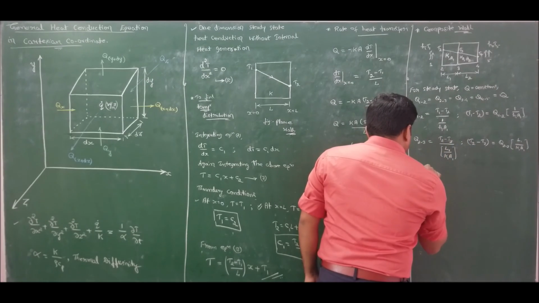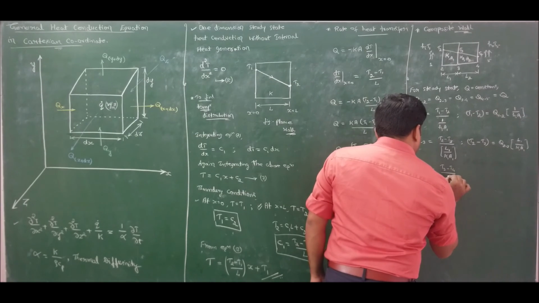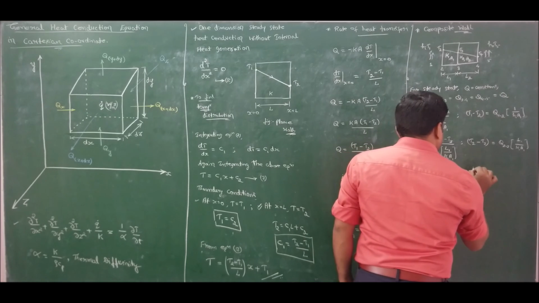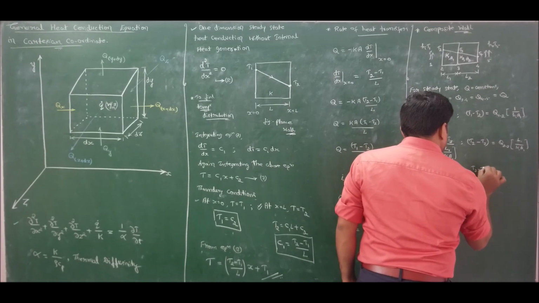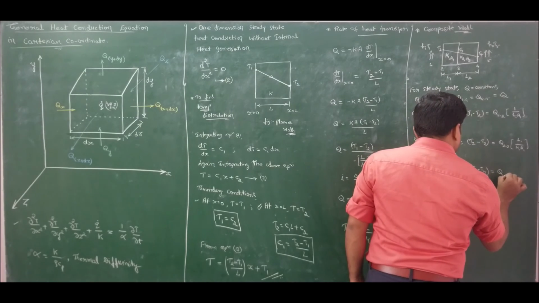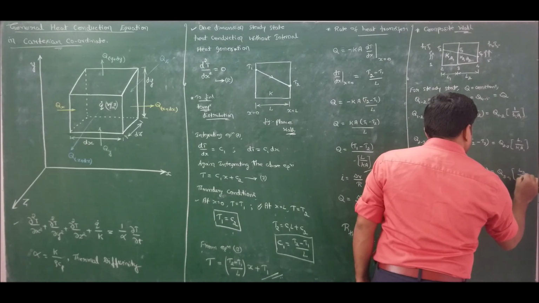For Q3 to 4, again I can write it as T3 minus T3 divided by conduction resistance L2 by K2 A2, so T3 minus T4 is Q3 to 4 times L2 by K2 A2.